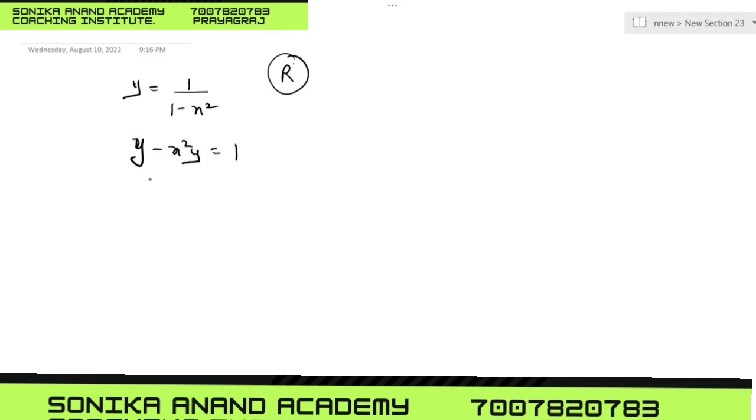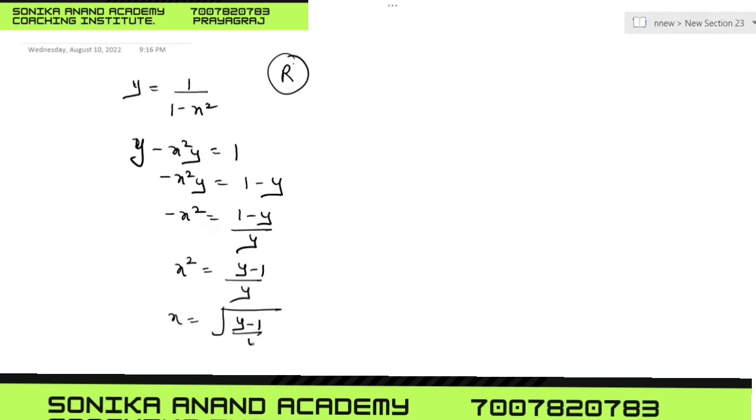So minus x square y is equal to 1 minus y. So minus x square is equal to 1 minus y over y. So x square becomes y minus 1 over y. So the value of x becomes the square root of y minus 1 over y.